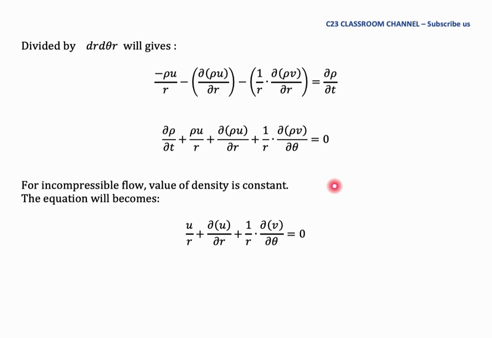And for these topics, we are focusing on incompressible flow, meaning that the value of density is constant. So this equation can be simplified as u over r plus del u over del r plus 1 over r del v over del theta equal to 0.